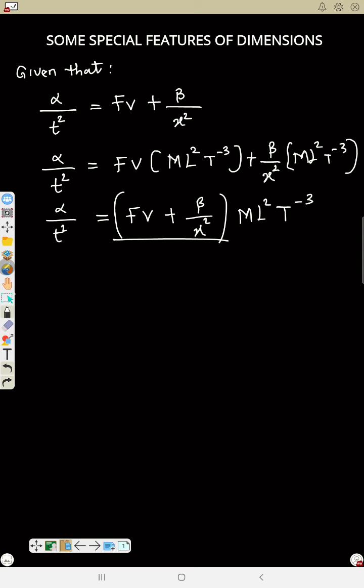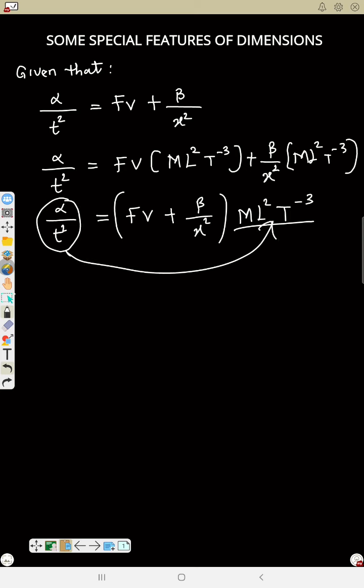As the dimension of these two quantities is this, the dimension of the result also will be this. So for our question now, the dimension of alpha over t square should be equal to the dimension of fv plus beta over s square.